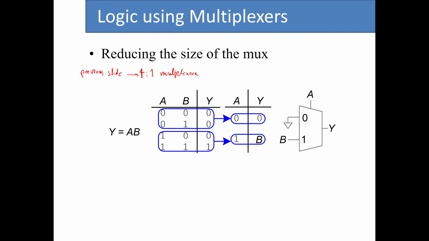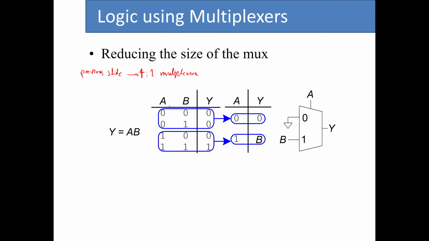Instead of connecting either 0 or 1 to the inputs of the multiplexer, we basically use one of the select inputs, basically A or B, and connect it to one of the regular inputs of the multiplexer. So how can we do that? We need only to see what is the value of the output given only a few of the inputs. So let's just see how it works in practice.